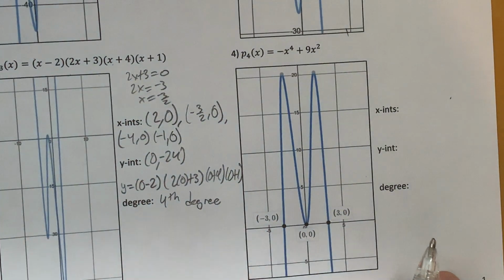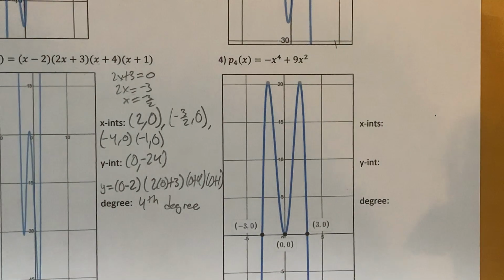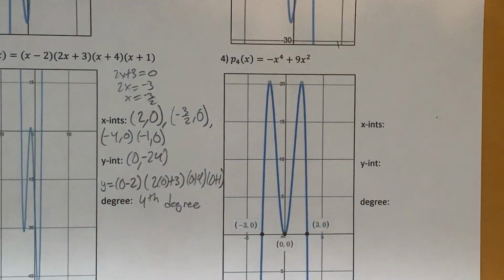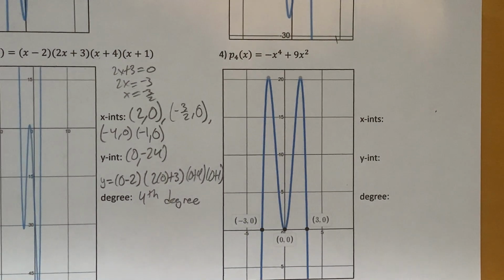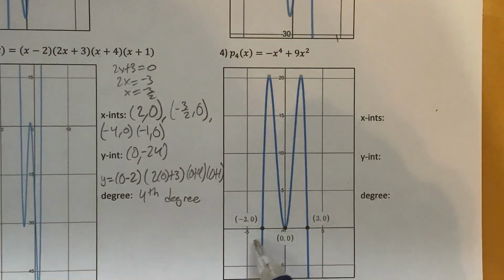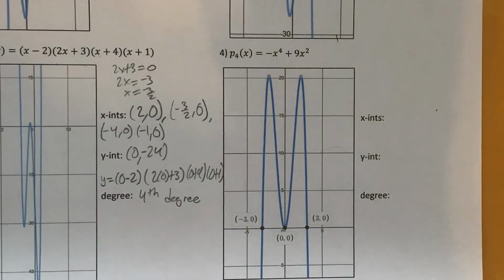So let's do number 3. Do I need to factor number 3? Look at the graph. Hint, hint. Do I need to factor the function? The answer is no. I'm given the x-intercepts, and I'm also given the y-intercept.